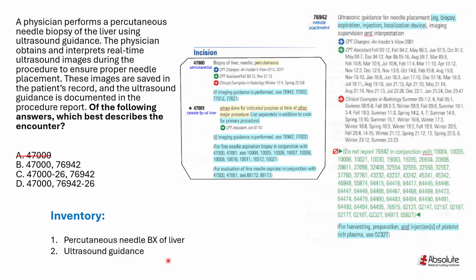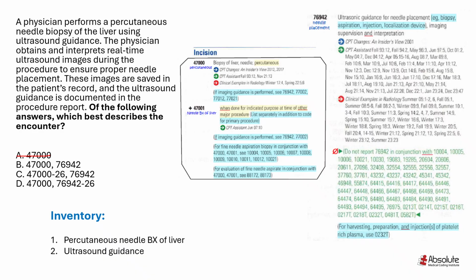They are entitled to the full code. So you do not append any modifiers, you just code it straight out. So knowing that guidance enables you to know that C is wrong.